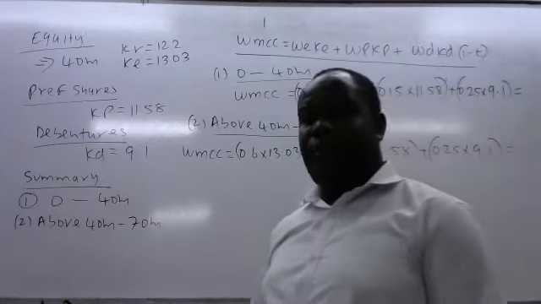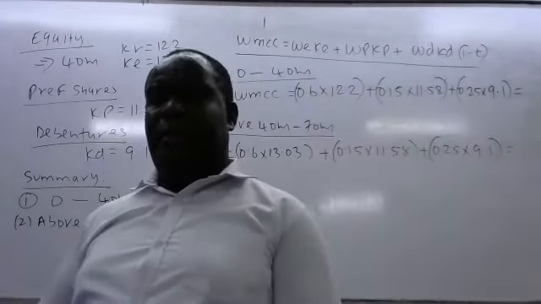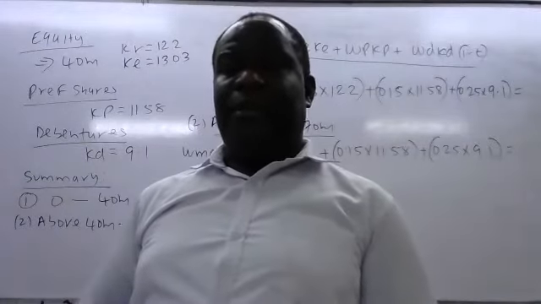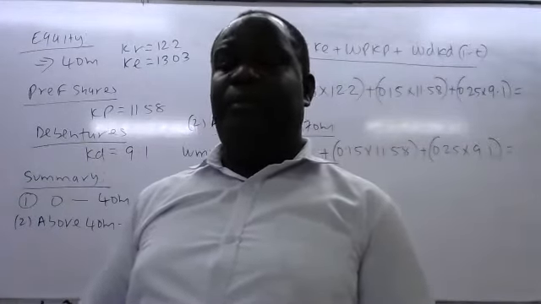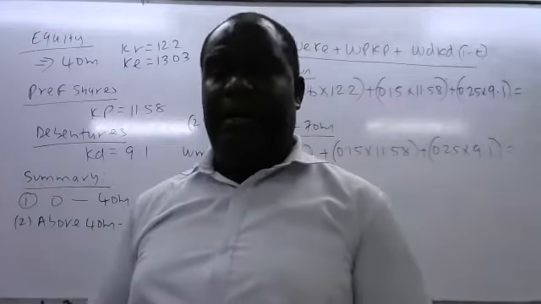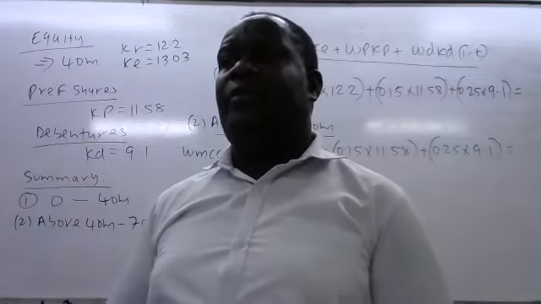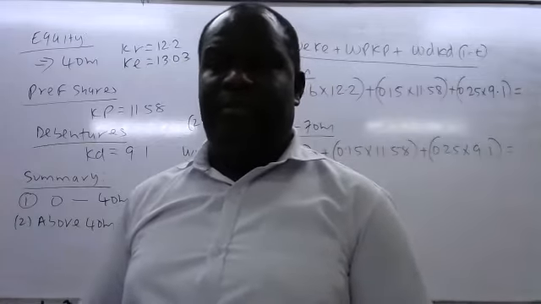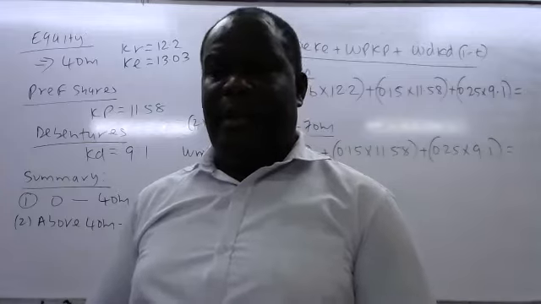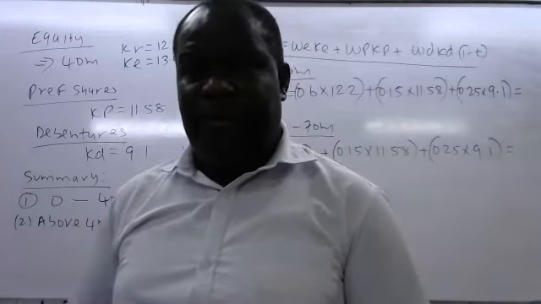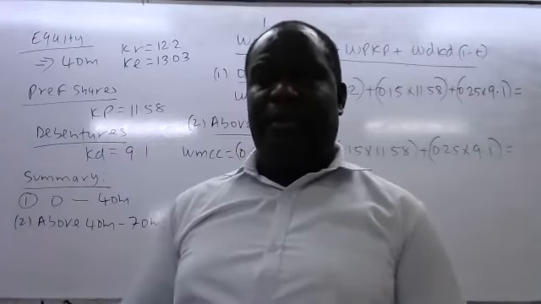Any project whose WMCC is greater than its IRR will be rejected, because WMCC is the cost and IRR is the return. Then in the process, we see how to work on it.